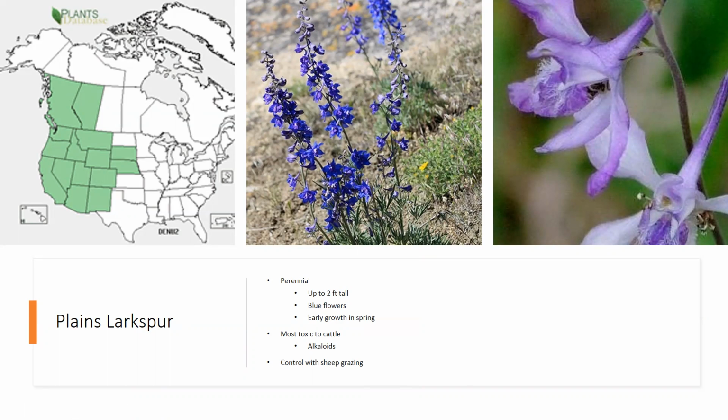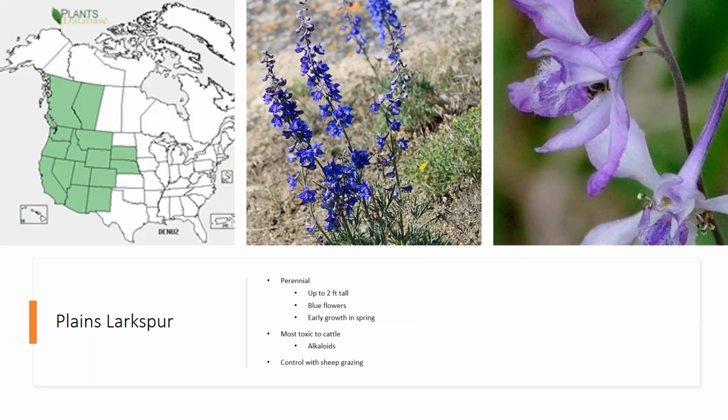It's most toxic to cattle. This is with a substance called alkaloids. The alkaloids will cause muscle weakness and paralysis to cattle. That leads to secondary side effects like bloating and respiratory paralysis, and both of those things will lead to death of the animal.